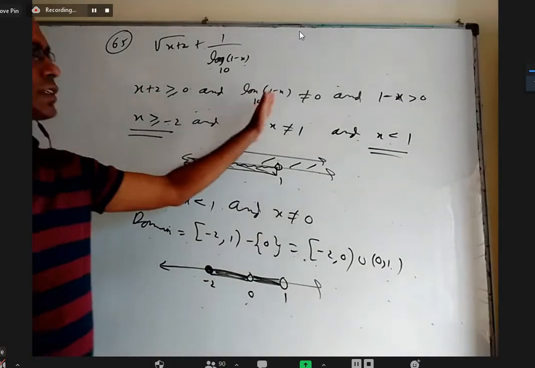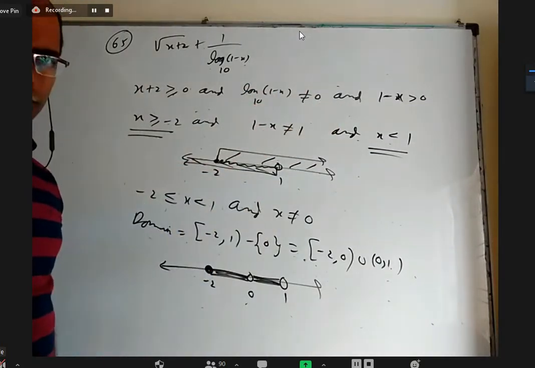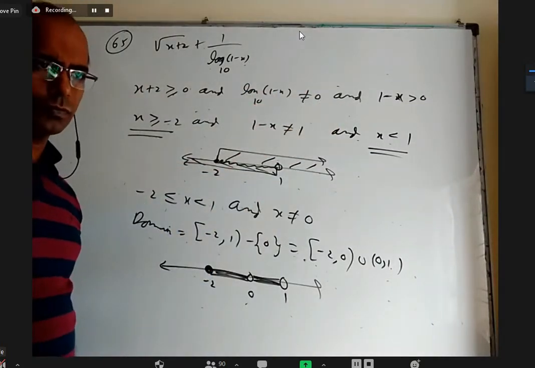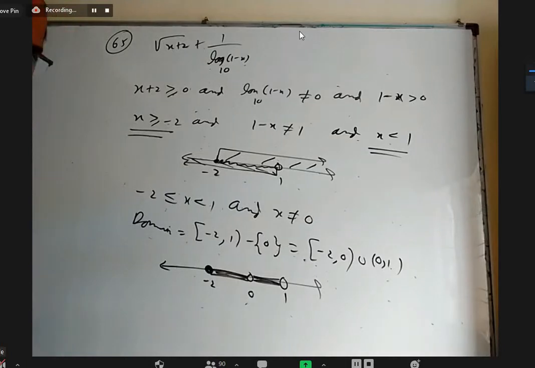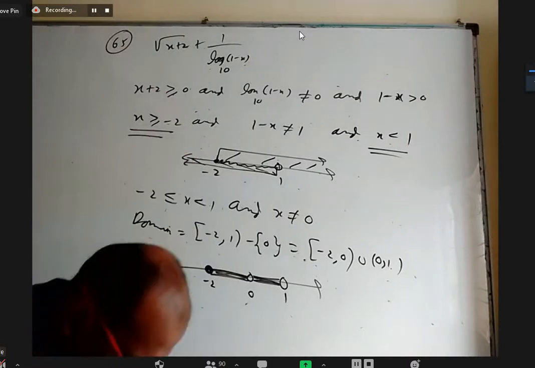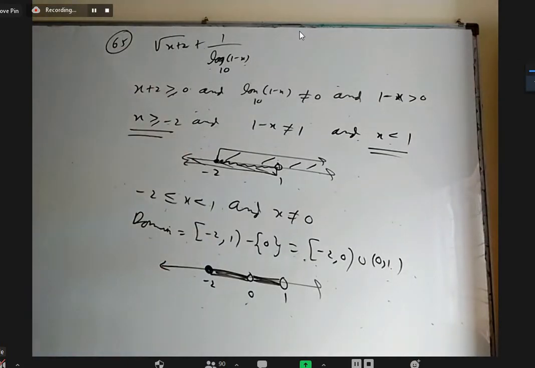Is this clear to you? Yes, sir. Okay. Basically, we are finding ultimately the complete set of x values for which the whole function is defined. That is what domain basically is.